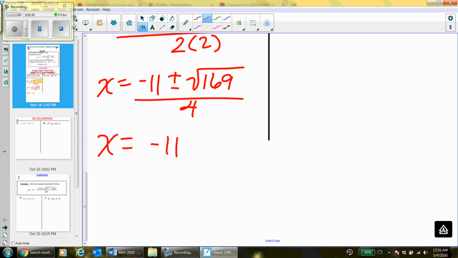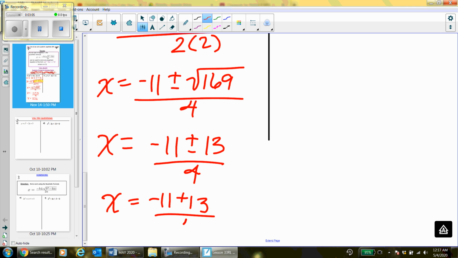And if you don't know, the square root of 169 is 13. Negative 11 plus or minus 13. So negative 11 plus 13 divided by 4, and then negative 11 minus 13 divided by 4.